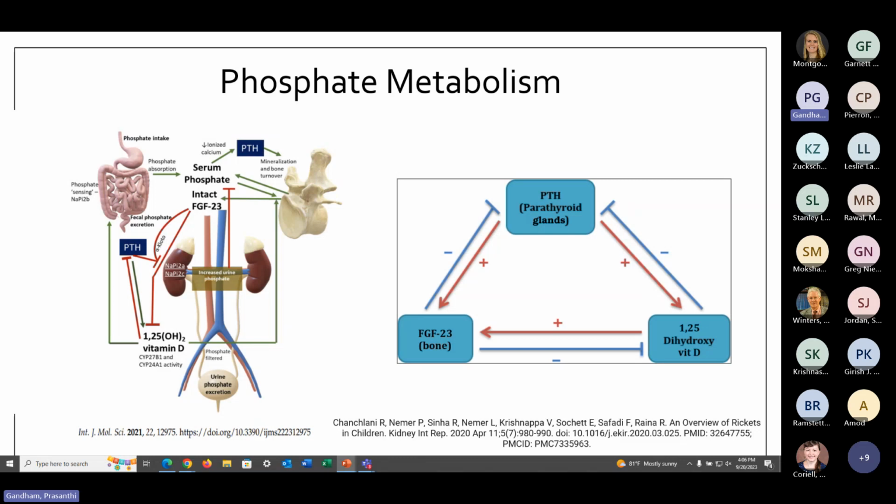And PHEX also plays a major role in renal phosphate handling by suppressing FGF23. The sodium phosphate co-transporters type 2 are encoded by a gene called SLC34A, and that's going to be important as we talk a little bit more about specific types of hypophosphatemic rickets. So of course, phosphate metabolism, like most things in endocrinology, is regulated by a complex set of negative feedback loops.